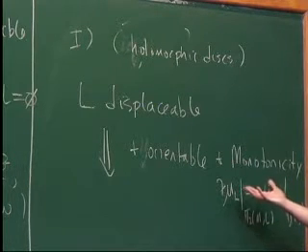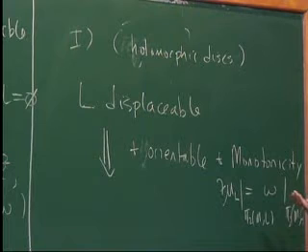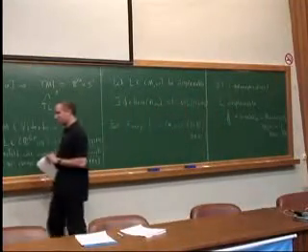Sorry, yeah? Is it okay to have 0 on both sides? Well, then the Maslov class would be trivial. It's a good question.